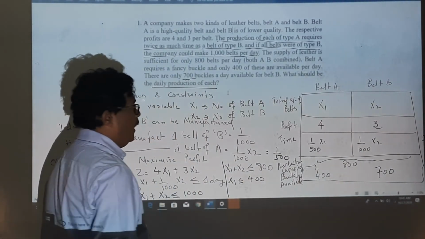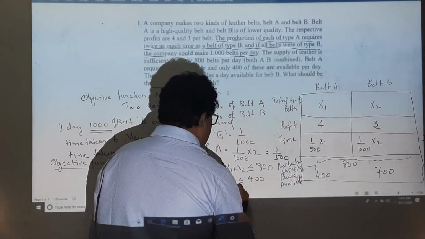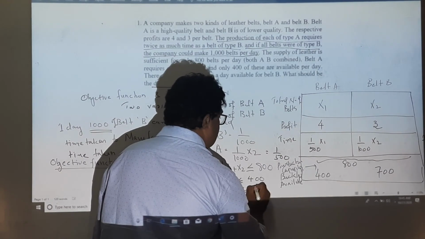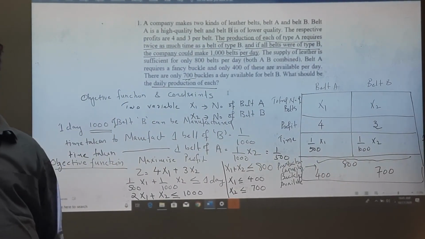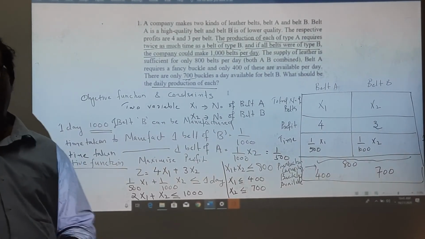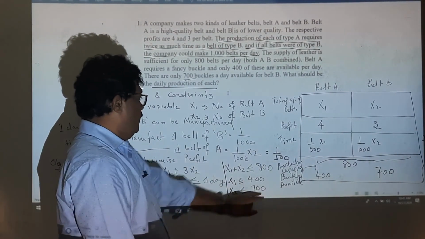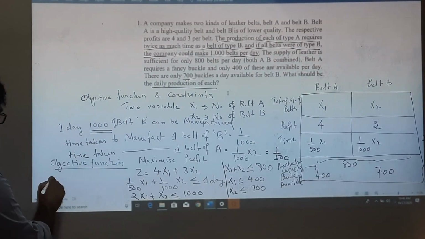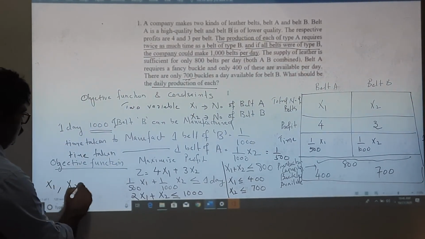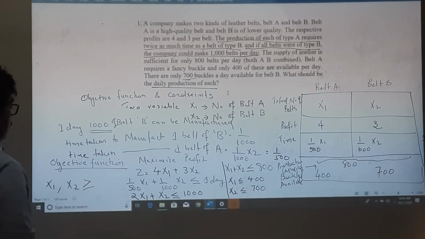That is the maximum x1 that can be made. And x2 cannot exceed 700. Why? Because only 700 buckles are available. 701 belts cannot be made. So the maximum is 700. And the non-negative constraint is, here I will just write, x1 and x2 will be greater than or equal to 0.